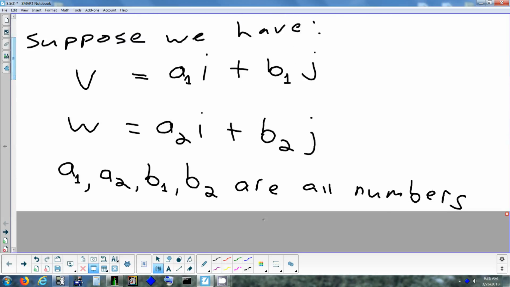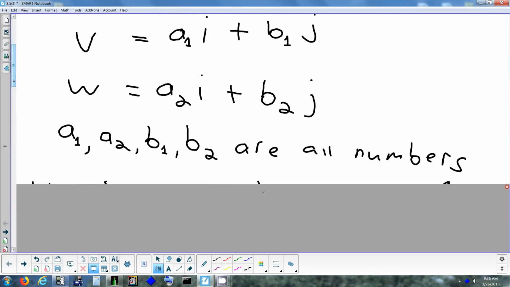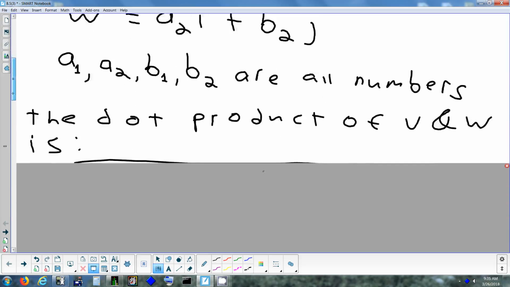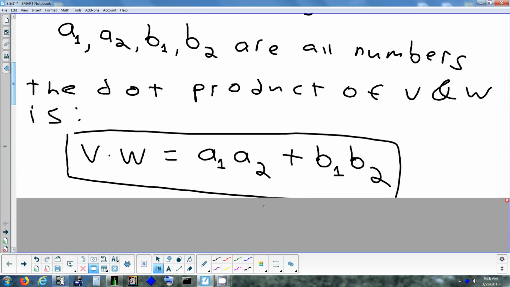And the formula to find the dot product is very, very simple. You're going to take A1, A2, multiply them together. Then you're going to take B1, B2, multiply those together. And then add. And that's it. So you're going to multiply the A's, the B's, and then add.